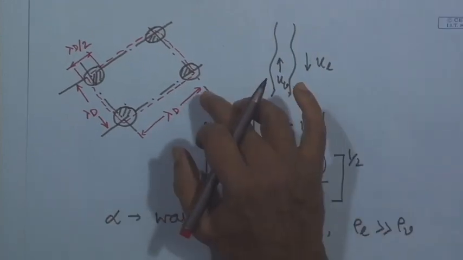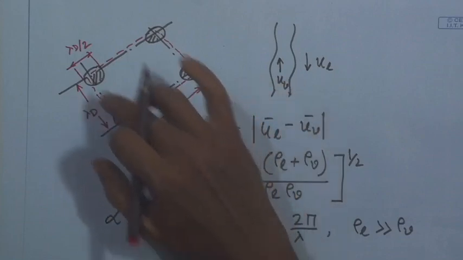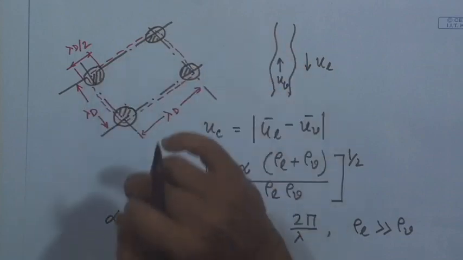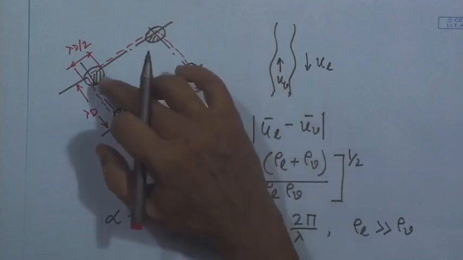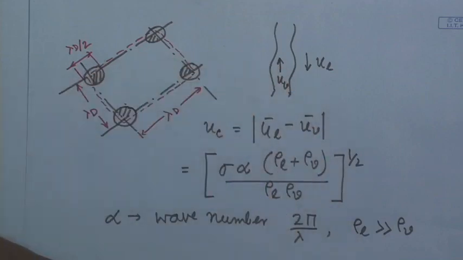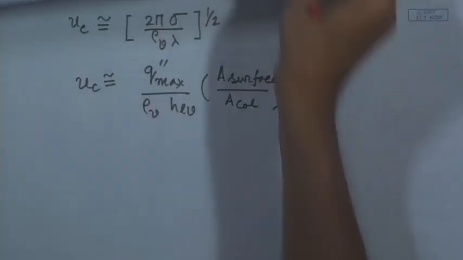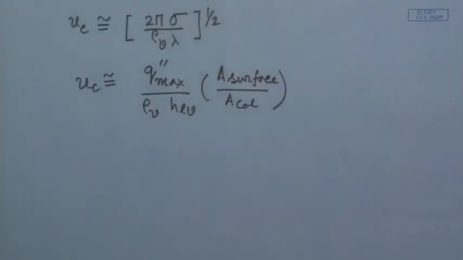So, A surface denotes the area of the square whose side is lambda d, and the jet area is the area of the circle whose diameter is lambda d by 2.